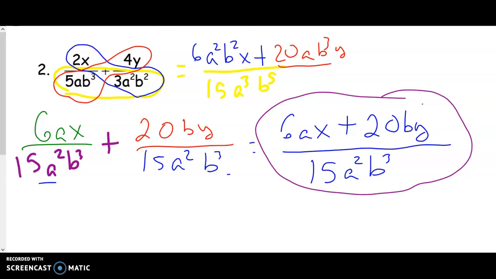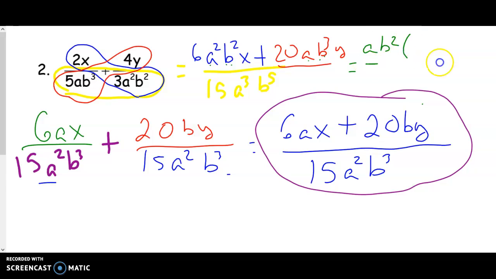All right, so we would have to simplify at this point. 6, 20, and 15, no common factors. Up top, let's see, what do we got up top? We can factor out an a, so we'll put an a out. We can factor out b squared, so we'll pull that out.